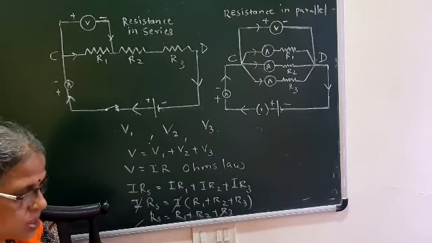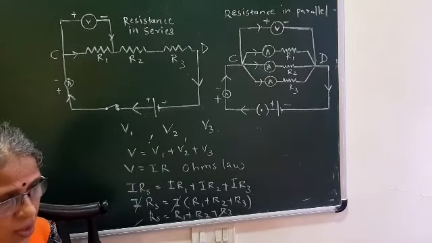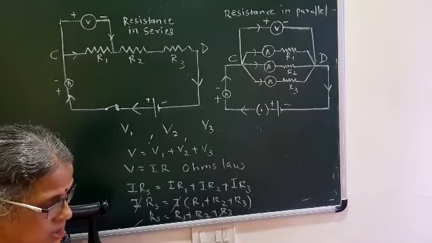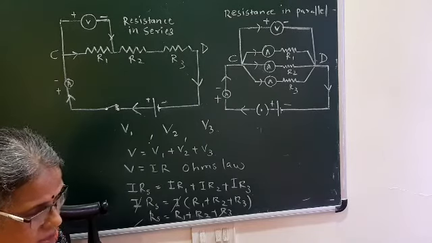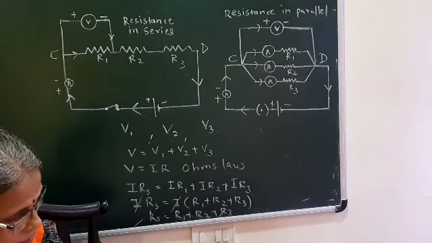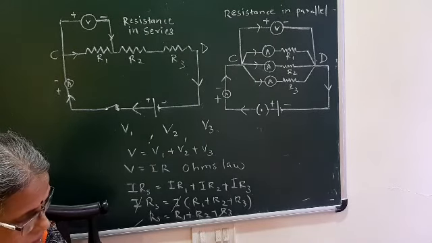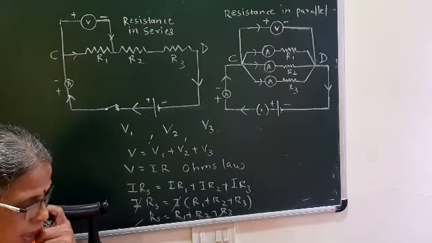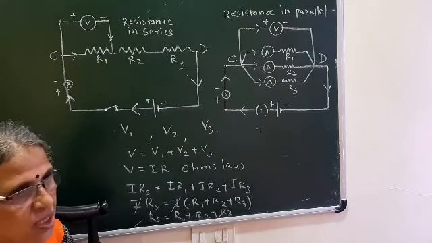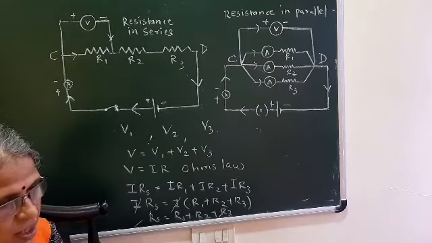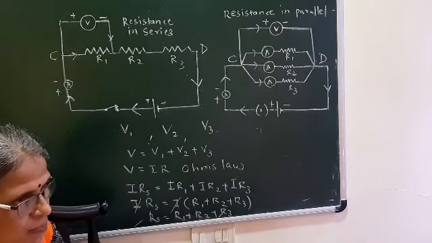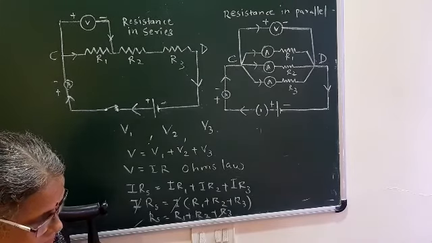So what are the characteristics of resistances when they are connected in series? This paragraph given in the blue rectangle is very important. These are the characteristics of resistances connected in series. First, the same current flows through each of them.